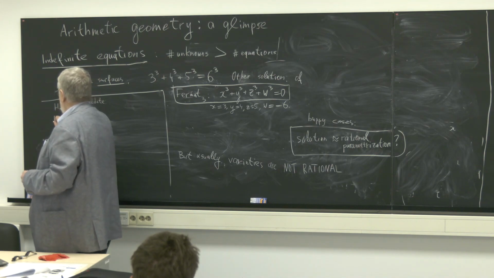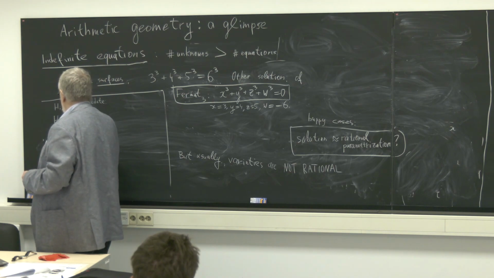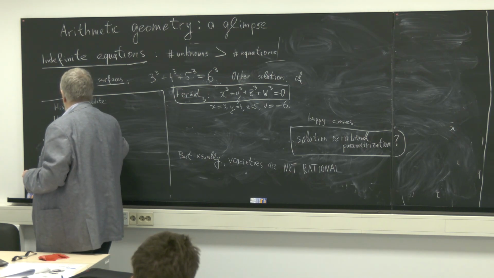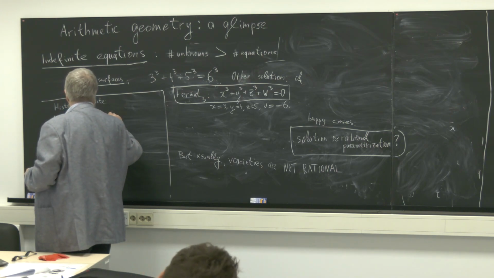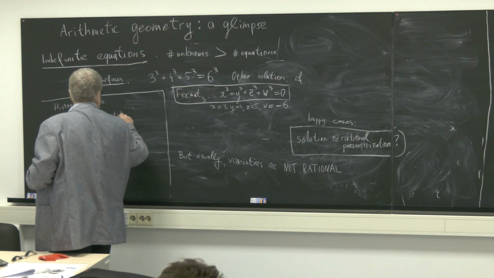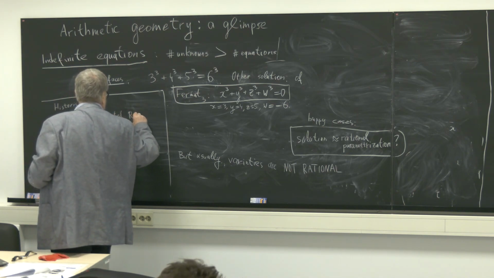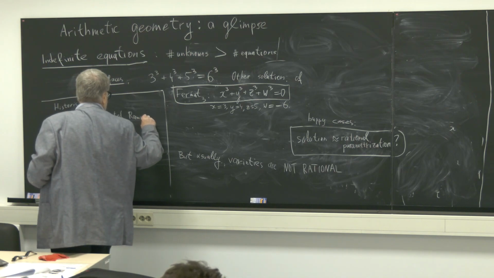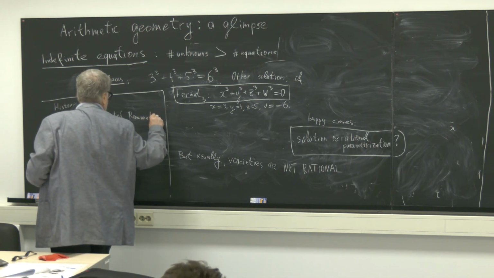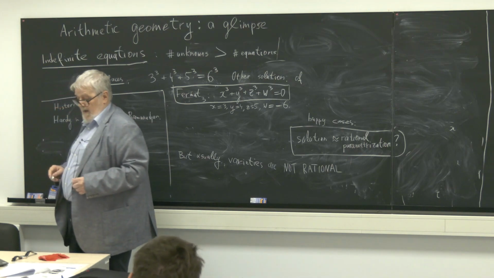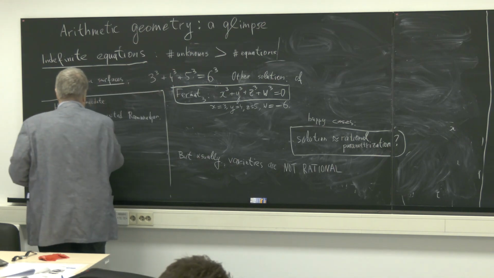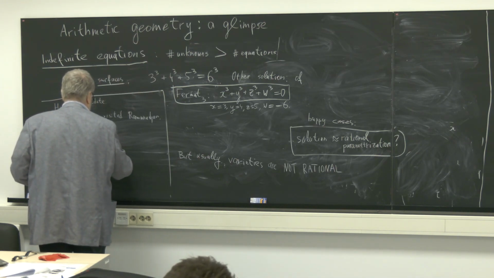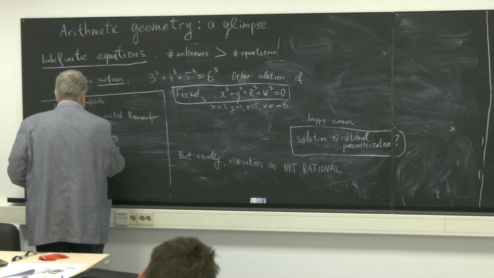The great British mathematician Hardy in the 30s visited Ramanujan and just looked at some taxi number. I don't remember it. Let me just draw it.